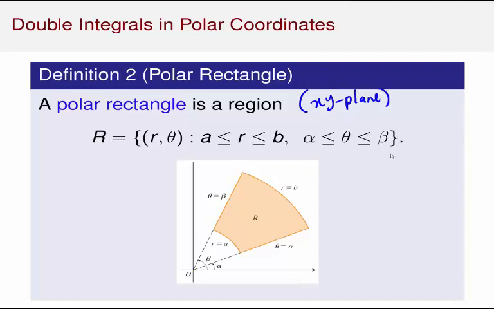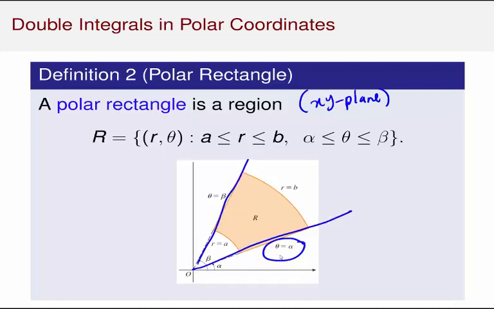are bounded by constants. Namely, the variable r is bounded by two constants, let's say a and b, and theta is also bounded by two constants, let's say alpha and beta. Now, the fact that theta is bounded between alpha and beta means that the region is lying between two rays.